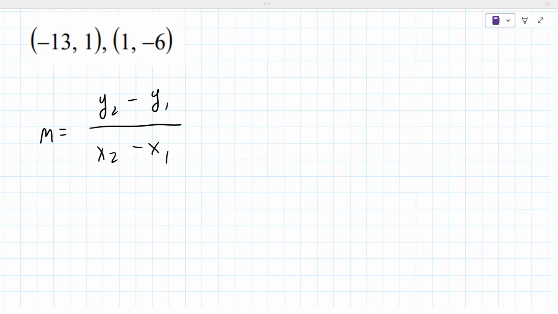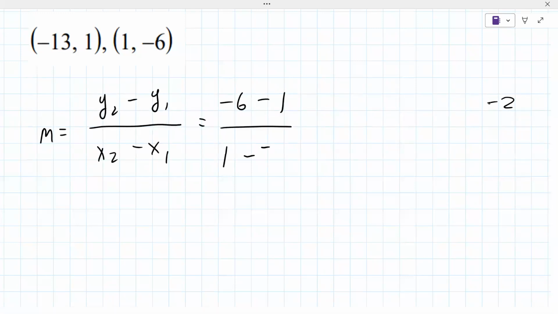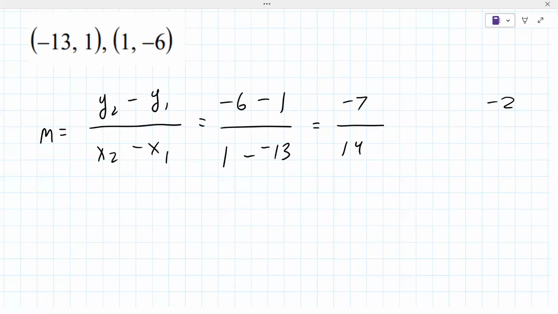I got -2. So let's see here, -6 minus 1 over 1 minus a minus 13. Does that look like what you have? Okay, I'm going to point this out, you're going to see there's an issue here. The only way you can get a number like you've given me is if the bigger number is on top, but the bigger number is on the bottom there.